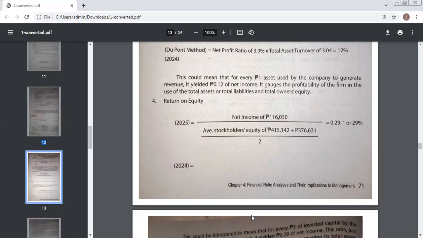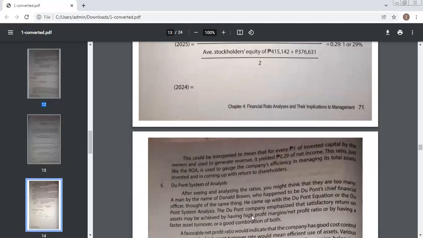So the answer is 29%. This could be interpreted to mean that for every 1 peso of invested capital by the owner and used to generate revenue, it yielded 29 cents of net income.